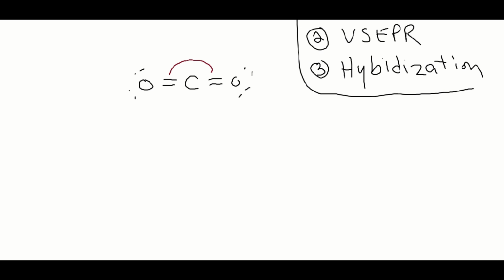So the carbon has a linear geometry around it, and so the max separation there is 180 degrees. And then the oxygens on either side have 3 effective pairs around them, and so they want to get 120 degrees or trigonal planar electron region geometry.